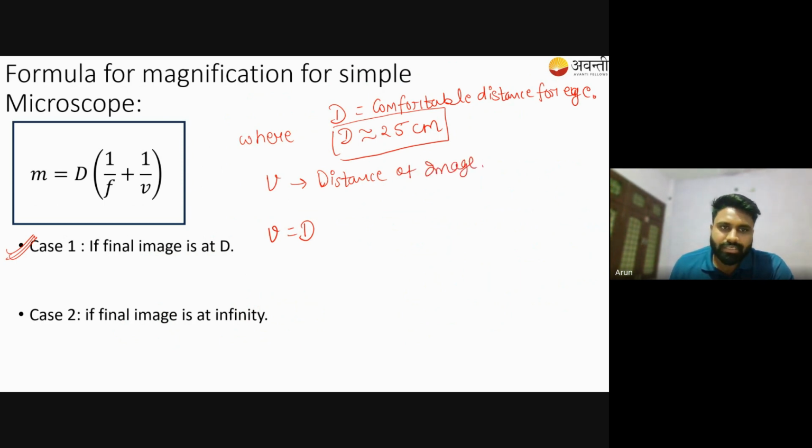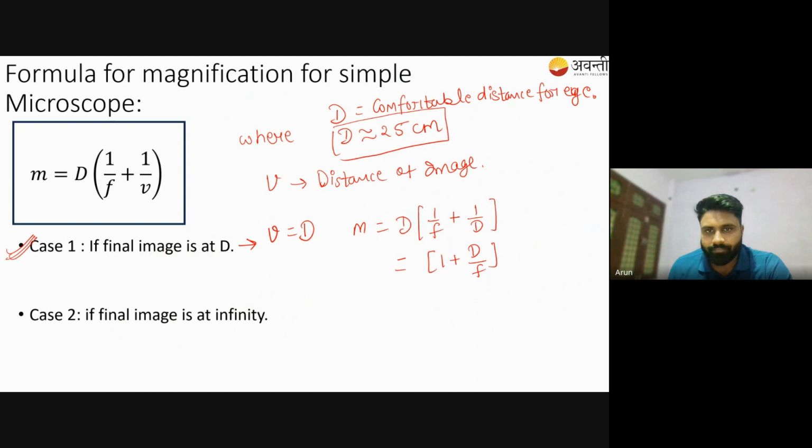So in the first case, if the final image forms at D, V equals D. Put this V equals D in this equation. So M here is capital D times 1 upon F plus 1 upon capital D. Multiply this D inside and you will have 1 plus capital D by F. This is M1, for case 1.